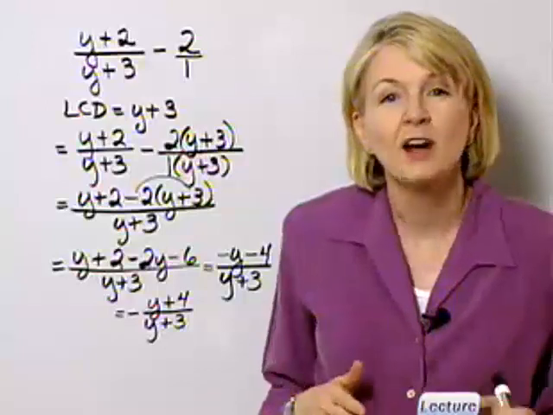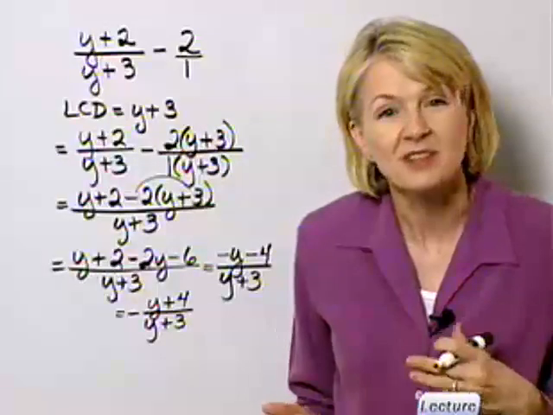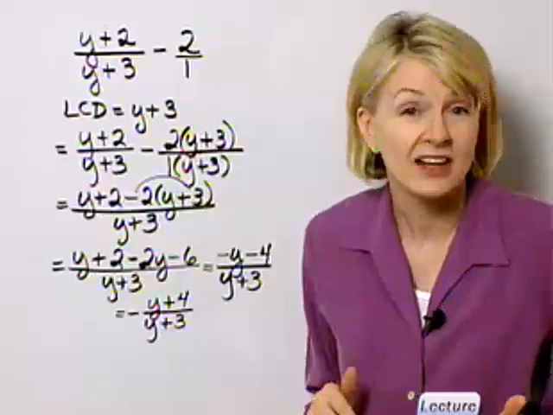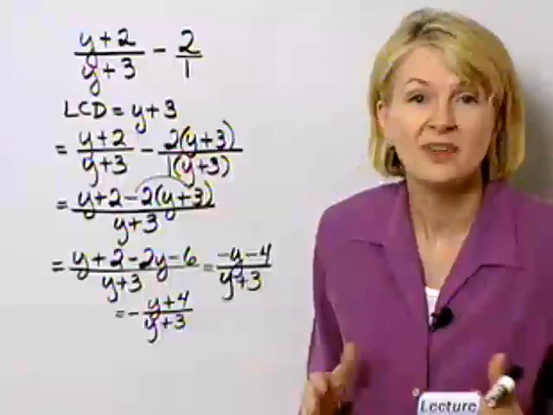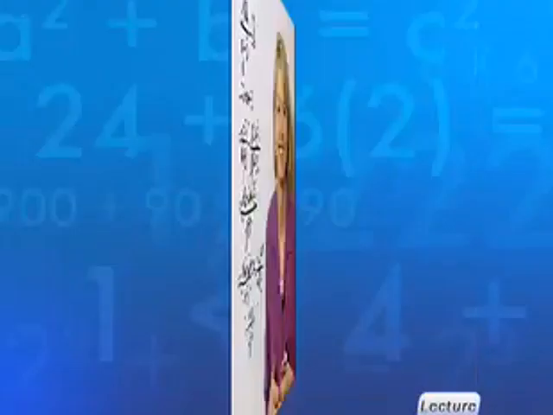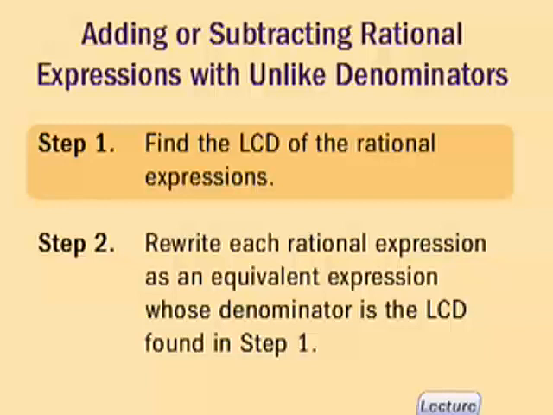So let's now look at some steps that we can use for adding or subtracting rational expressions with different denominators. So here are our steps for adding or subtracting rational expressions with unlike or different denominators. Step 1, find the LCD of the rational expressions.